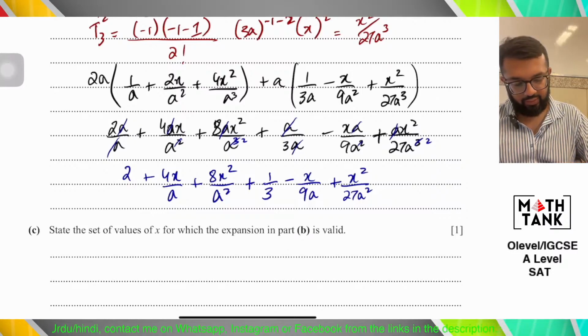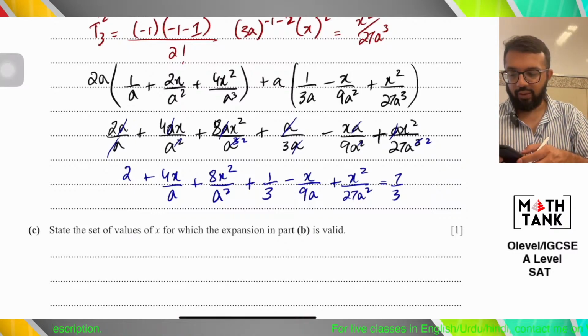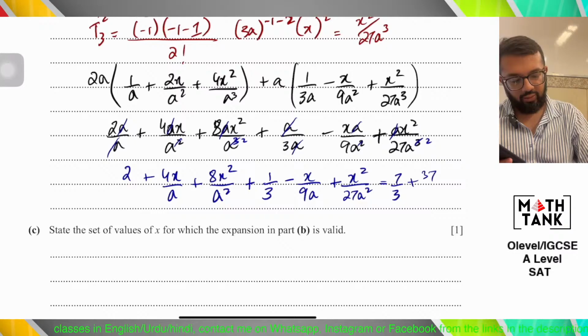Okay, so the numbers get added together. 2 plus 1 over 3 is 7 over 3. 4x over a and x over 9a is 4 plus 1 over 9, with an a in the denominator. 4 plus 1 over 9 is 37 over 9, a and x.